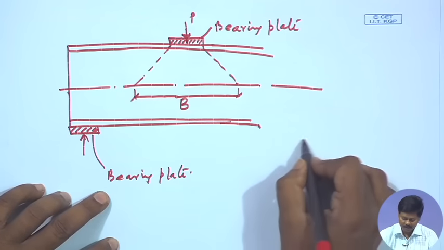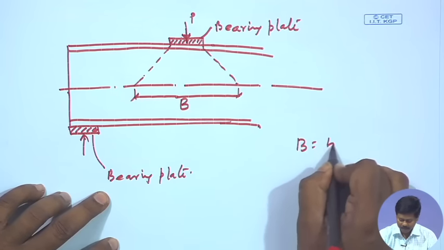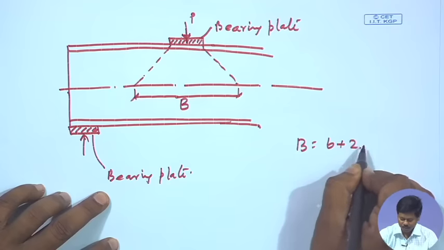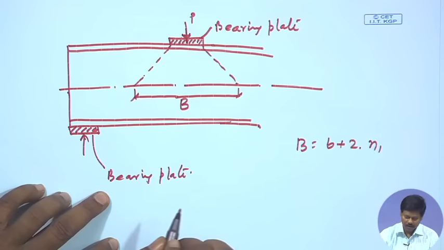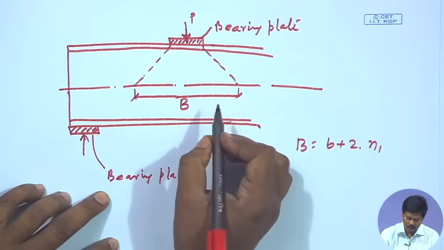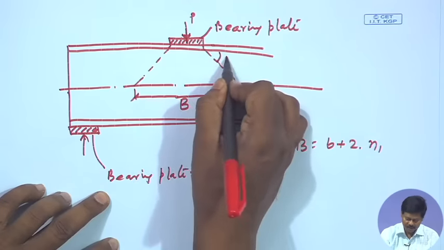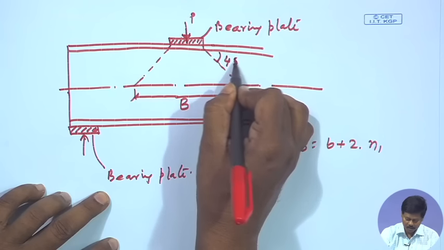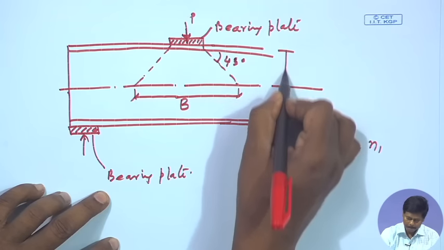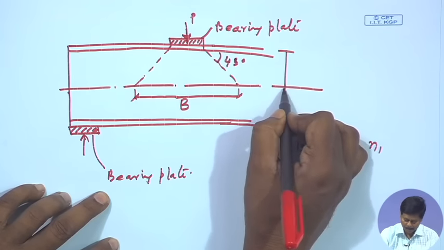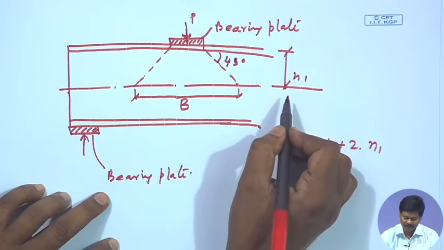right, and this B value will be b plus 2 into n1. n1 means, if the angle of dispersion is 45 degree, then this value is called n1. So, n1 is the length from dispersion at a 45 degree angle to the level of neutral axis.